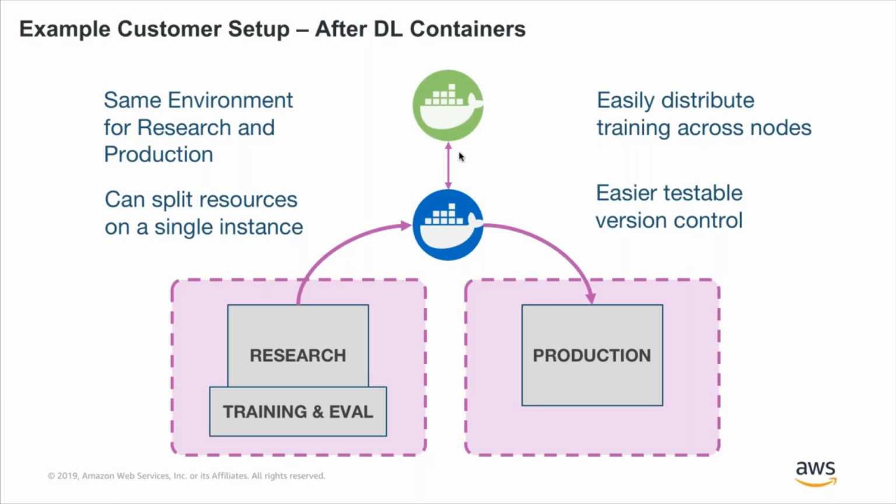So what this does is it allows the data science team to catch and resolve issues that will be encountered in production sooner. And for the production team, they no longer need to go through a manual process of trying to replicate the environment that the data science team was using. The same Docker images and the same binaries are flowing through from research to production.